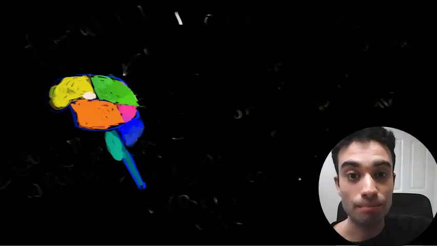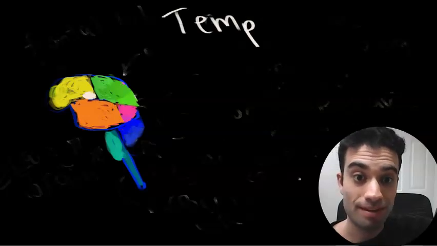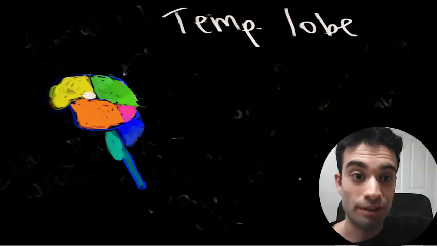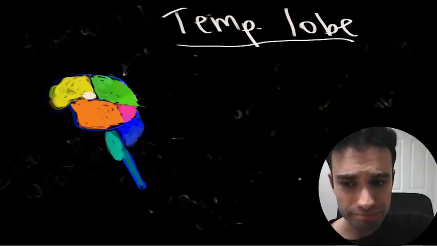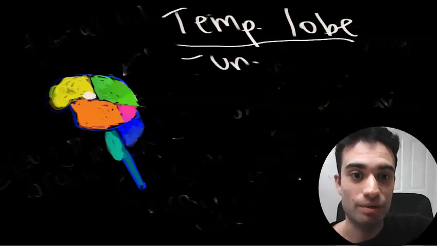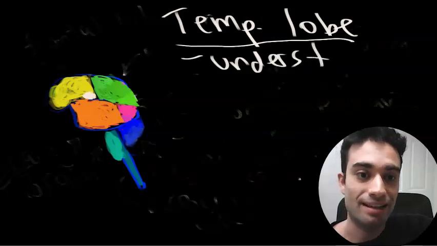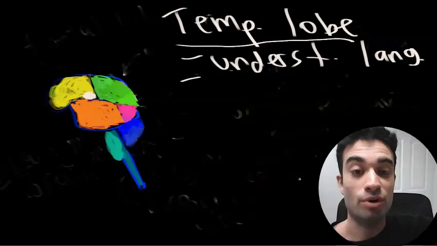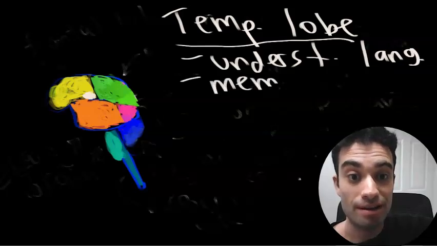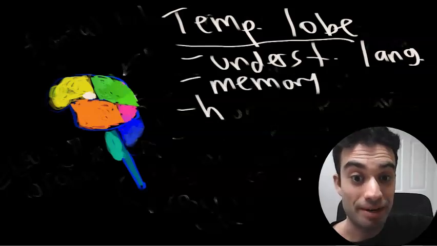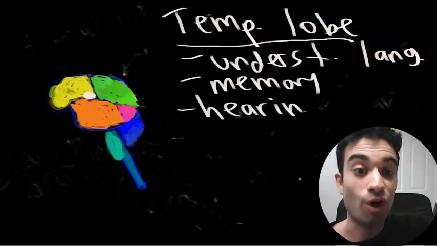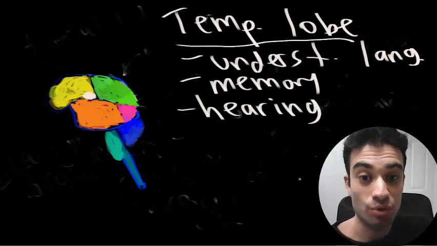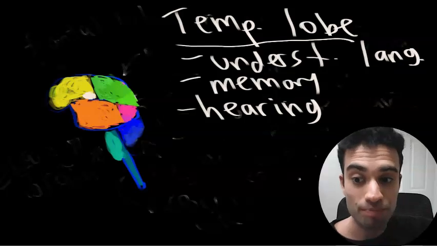Well, the temporal lobe is very important for understanding language. It is also really important for memory and hearing. All the auditory information goes to the temporal lobe.